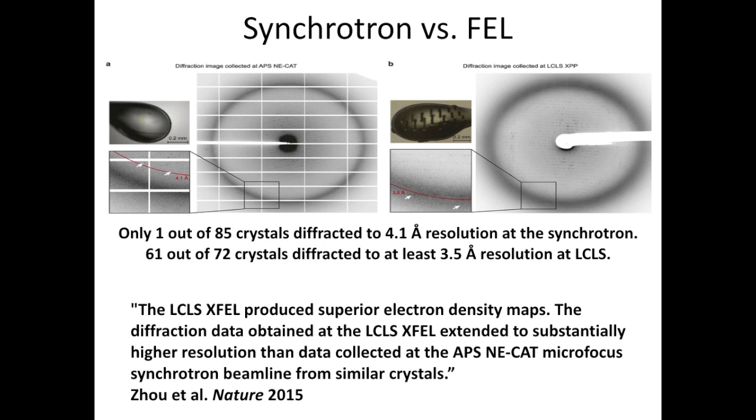This is just a recent paper in Nature from Axel Brunger's group, where they looked at the same sample at an FEL and a synchrotron. At the synchrotron only 1 out of 85 crystals diffracted to 4.1 angstrom resolution, and at the FEL we got 61 out of 72 diffracting at 3.5 angstrom resolution. So clear improvement between the two sources. Quite valuable, I think, to have a source that can give you this kind of improvement.